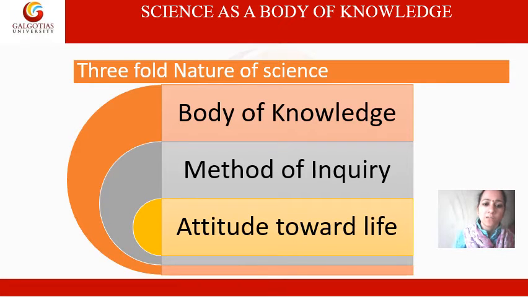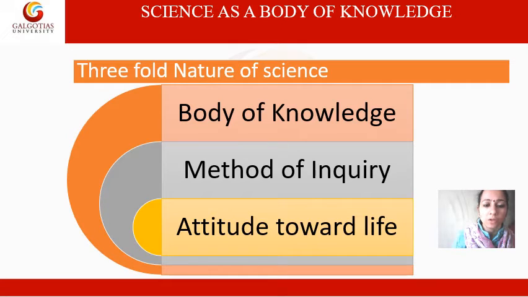After analyzing the various definitions of science, we can reach a point about the nature of science, that is, the threefold nature of science. As the various definitions told us about the different types of nature of science, after compiling, the scientists could reach the point that science has a threefold nature.